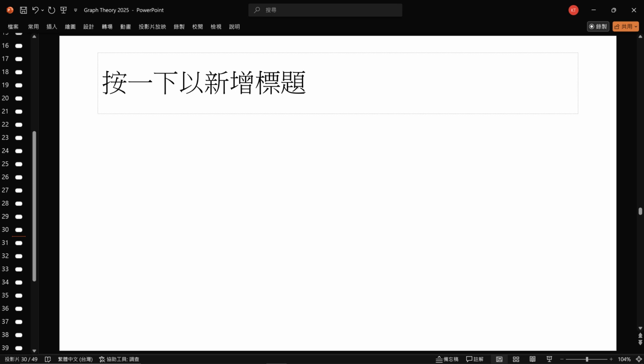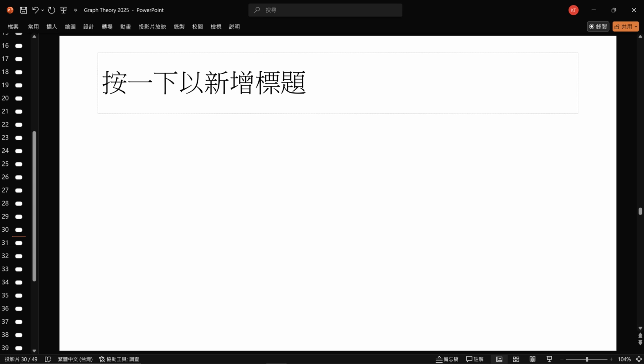But you can see that 3 is not adjacent to this one. Because according to our idea, this 3 should be adjacent to these 3 vertices, because they have the largest degrees, 3, 2, 2. But 3 is not adjacent to this one. Instead, 3 is a neighbor of this one that only has degree 1.